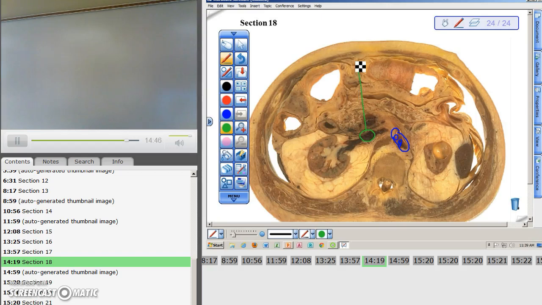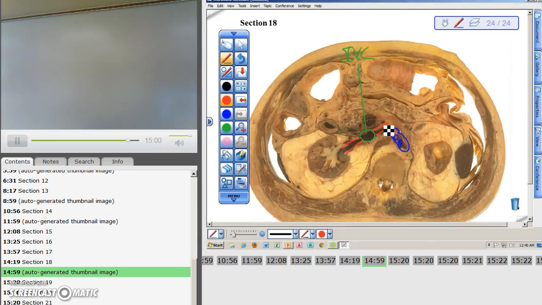There it is. Inferior vena cava. And the right and left renal veins coming into it are right here, right there. This one would be the left renal vein. The other one would be the right.